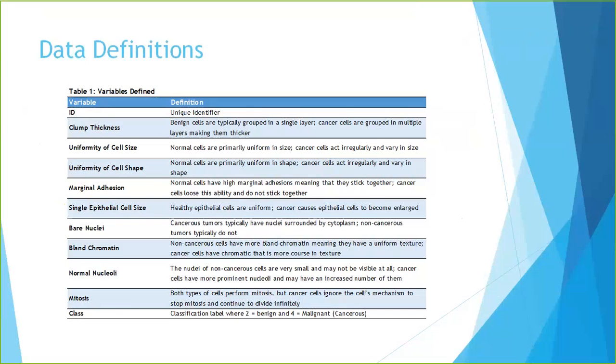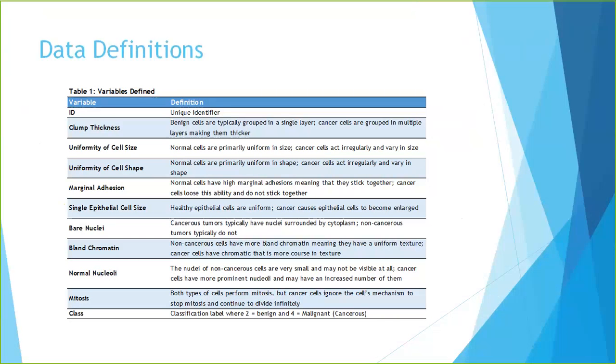Mitosis, which is the process through which cells divide, is also measured. This is basically the mechanism that tells a cell to replicate. In cancer, the mechanism that tells a cell to stop replicating is turned off, and they divide infinitely. So this is kind of the key characteristic of cancer.